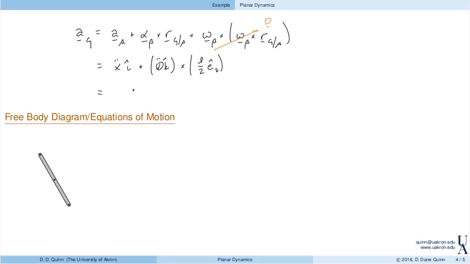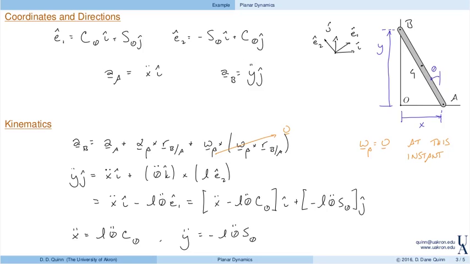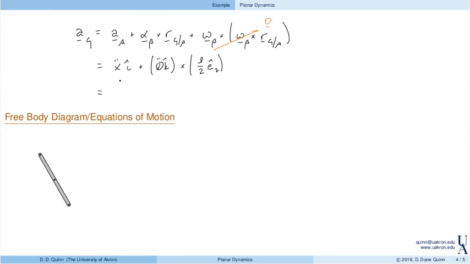So we'll take this cross product and we'll make use of the expression for x double dot that we found previously. So over here, to show that the acceleration of G is L theta double dot cosine in the I direction, and then k cross E2 again is minus E1, so we have minus L theta double dot over 2 in the E1 direction. Once again, I can write this in terms of I and j because we have an expression for E1 given here in terms of the I and j directions.